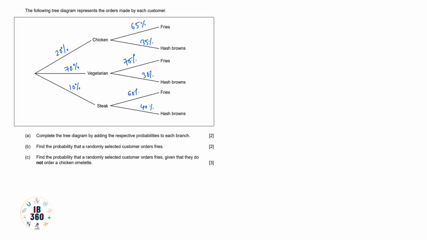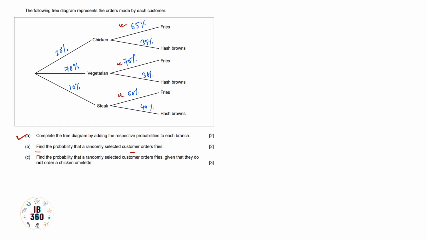We are done with the first problem. This tree we have basically constructed in the previous question. Now find the probability that a randomly selected customer orders fries. That means the customers who order fries, that is this branch only.